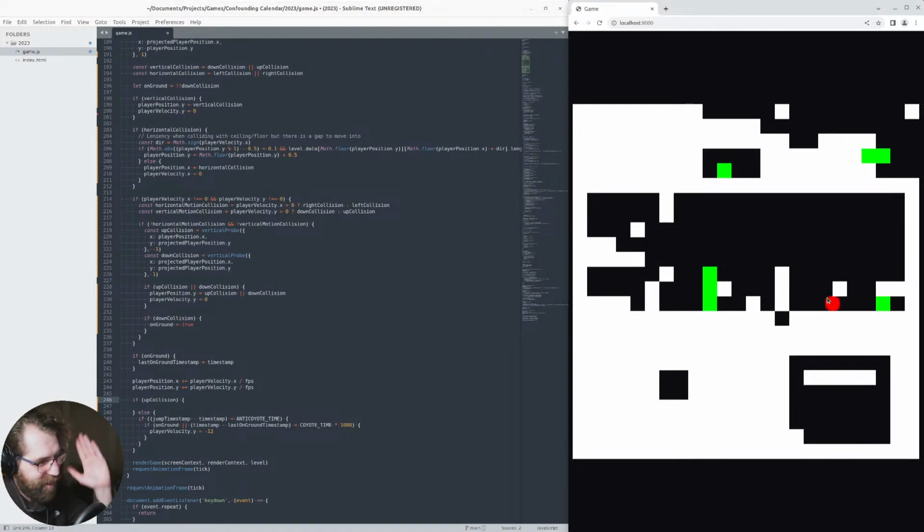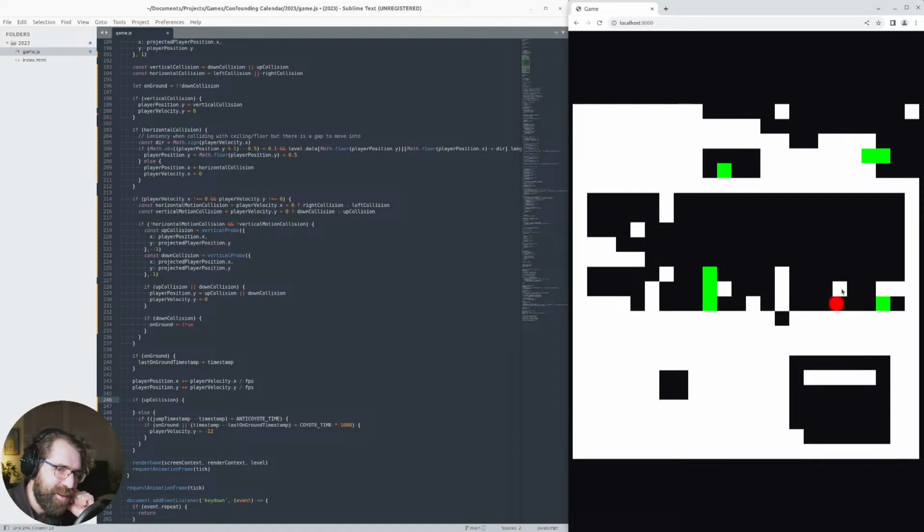It's upwards coyote time, sort of, but it's also the opposite. So basically the thing I'm trying to do is if I'm walking underneath this ledge and I press up to jump, I don't want it to stop me from jumping just because I pressed it a tiny bit too early.